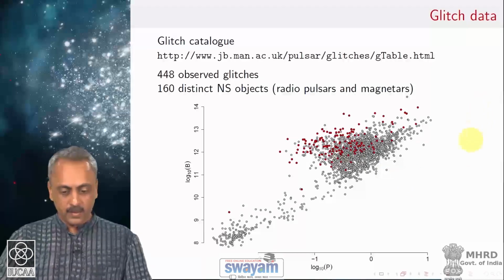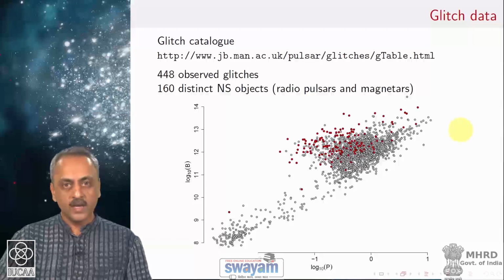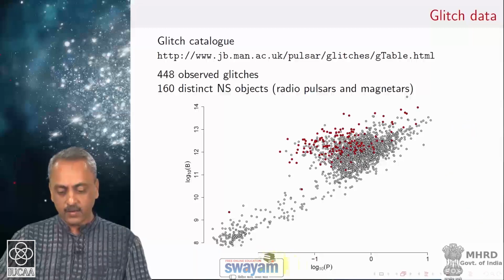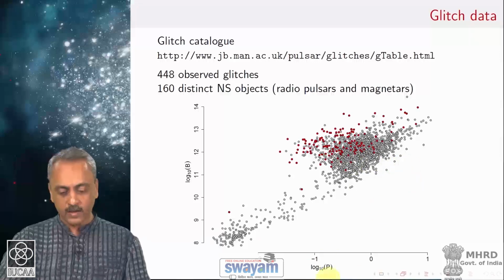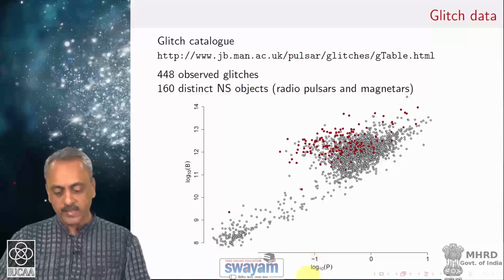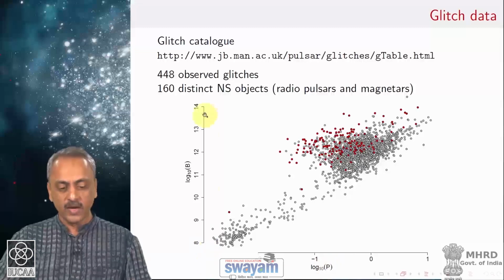This is a standard way in which neutron stars are summarized. What you have in this plot is each neutron star object, there are a few thousand which are observed so far, which are known to exist. On the x axis, what is plotted is the logarithm of the period of rotation, and on the y axis you have the surface magnetic field.